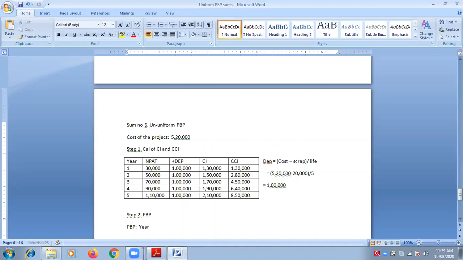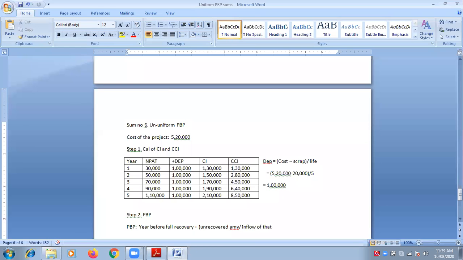What was the formula? Year before full recovery plus, we have to start the bracket, unrecovered amount divided by inflow of that year.